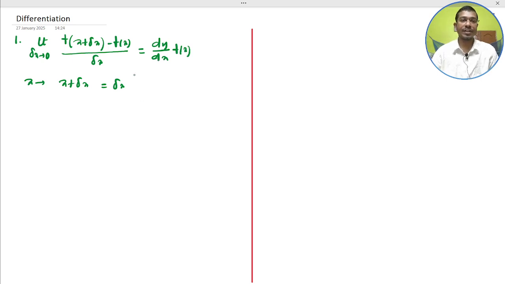Differentiation of f(x), this is the definition, dy/dx of f(x).